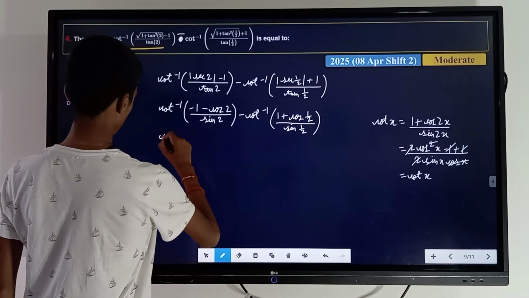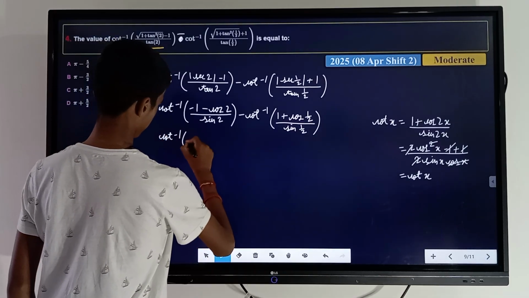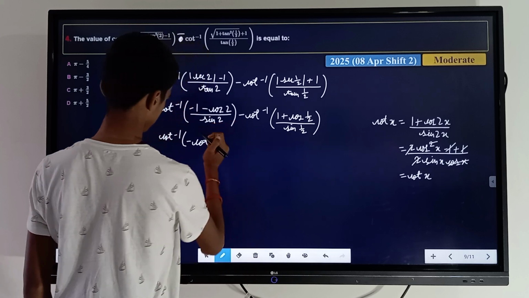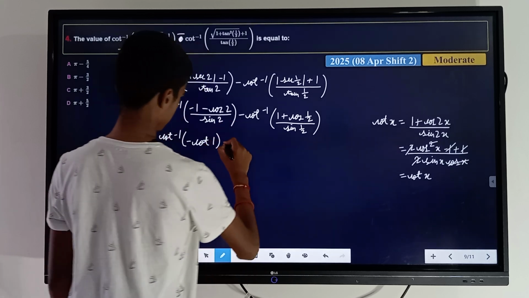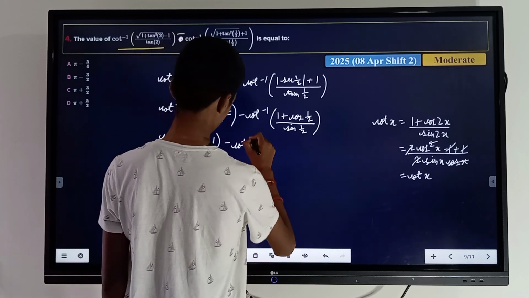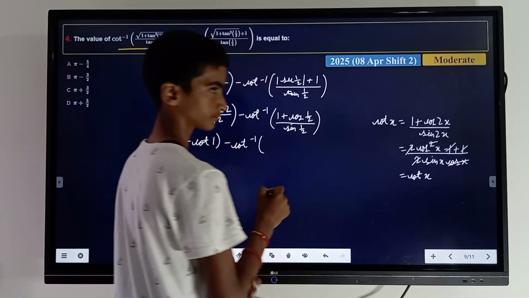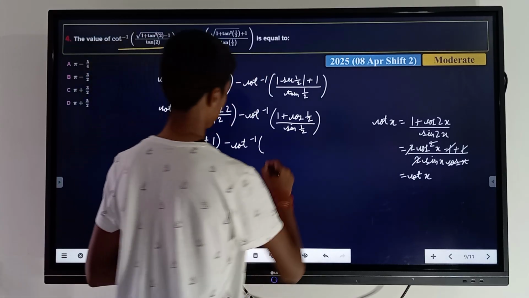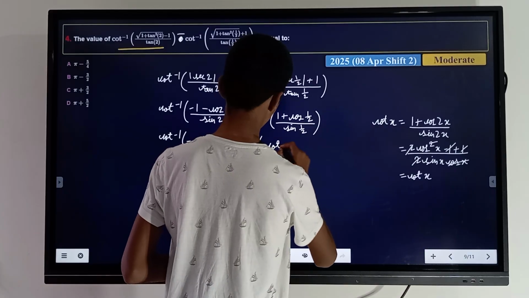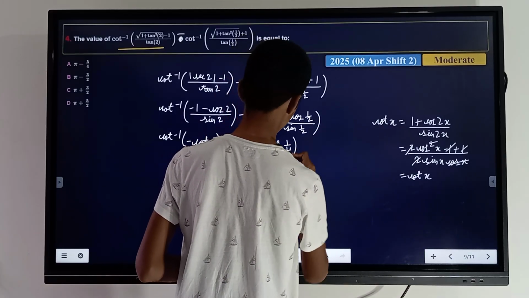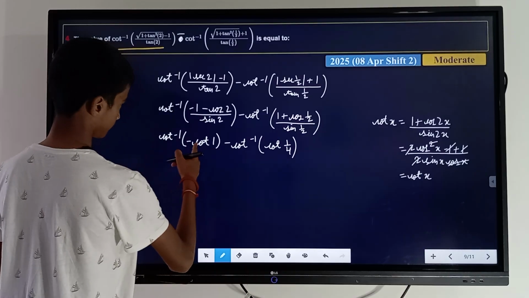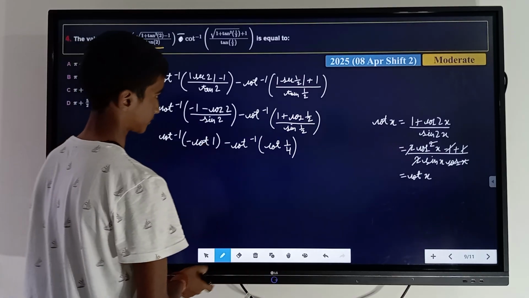So this will be cot inverse of minus cot 1 minus cot inverse of cot 1 upon 4. So from here, this one we can write as cot inverse of cot of minus 1.